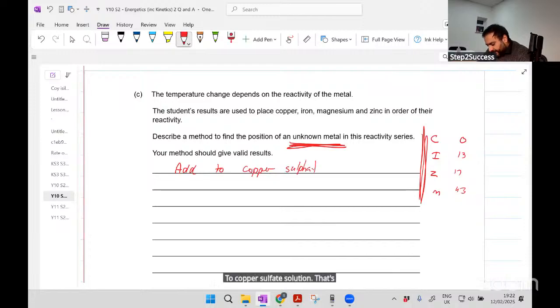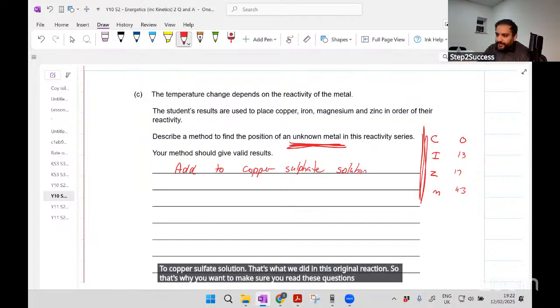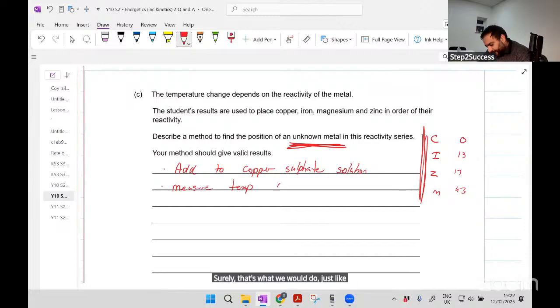That's what we did in this original reaction. So that's why you want to make sure you read these questions carefully. We add the copper sulfate solution and we measure the temperature change, just like we did with these four. Then we would put the metals in order of their temperature change. So if I had a temperature change of 15, then we know it fits in there. You see what I mean?